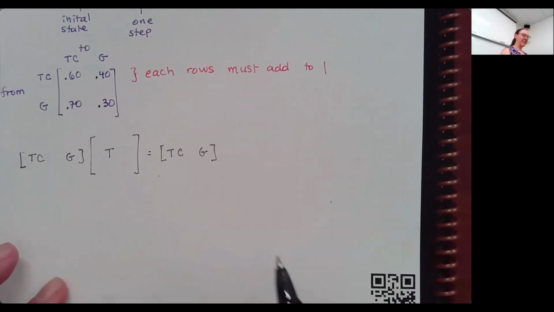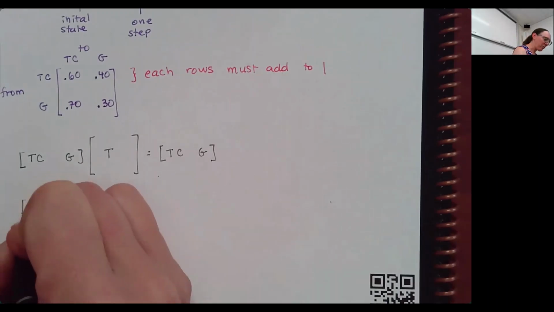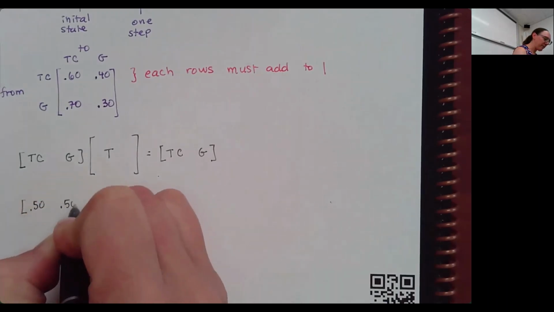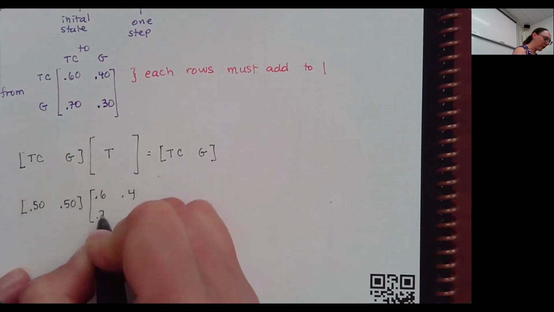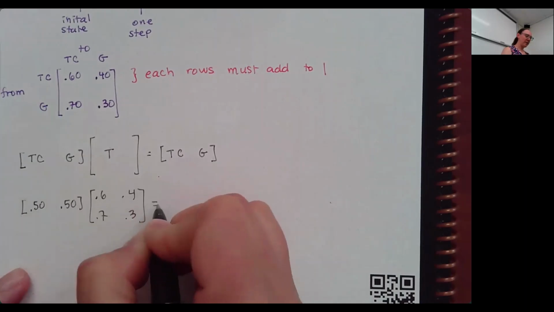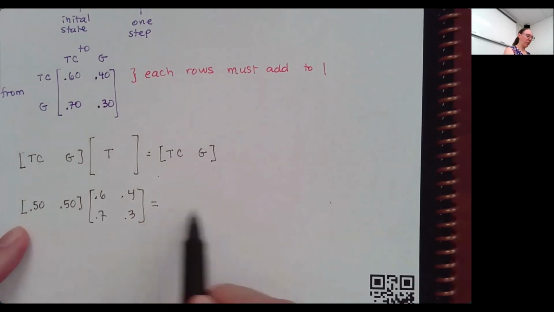So if I were setting this up for our first iteration here, we started off with 50-50. We had our transition matrix 0.6, 0.4, 0.7, 0.3. And I would do rows times columns to get my new row vector.